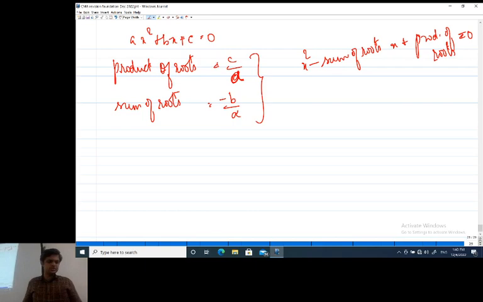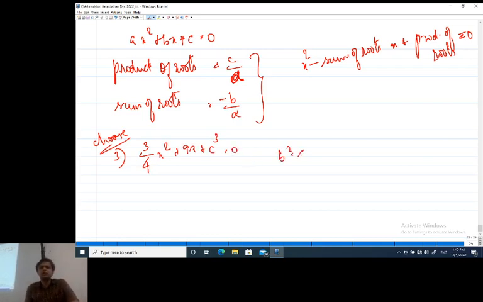If the roots of the equation are equal, when will they be equal? b squared minus 4ac equal to 0. So find out b squared is 9 squared minus 4 into 3 by 4 into c cubed. They have given c cubed. So I know b squared minus 4ac equal to 0 because they have given the roots have to be equal.